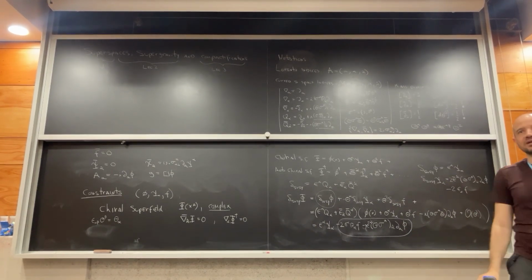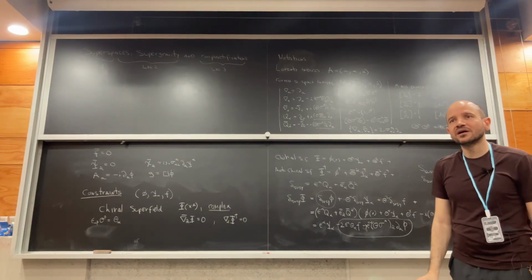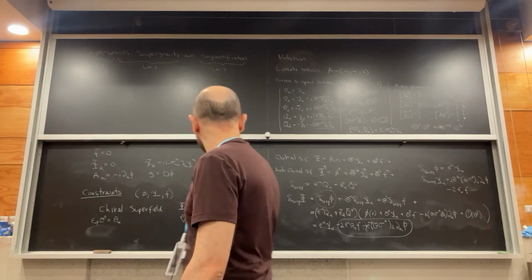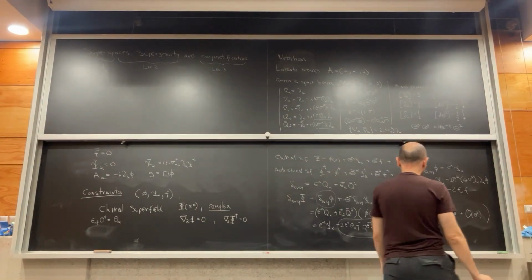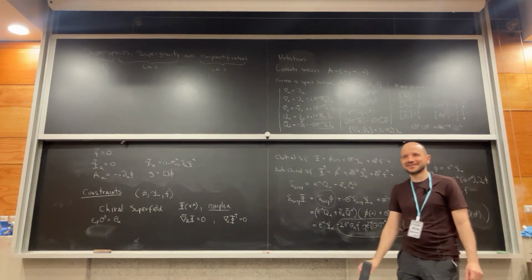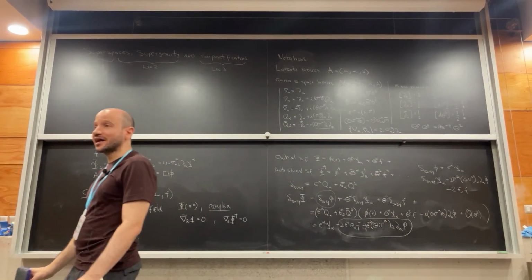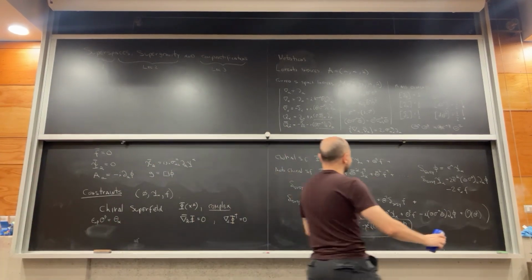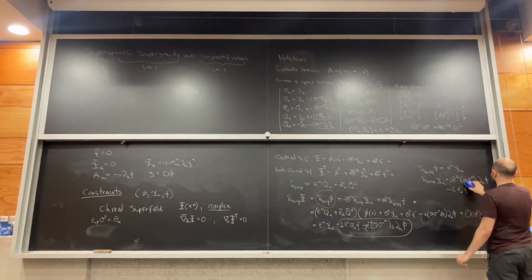Theta should not be there. Sorry? Theta should not be there. In the first step? Yes, I didn't understand what you said. You factorize it. I have to? Factorize it. Ah, yes. I have to factorize. Right. Then you don't have it.